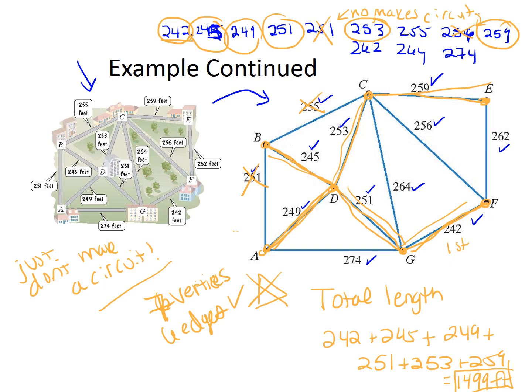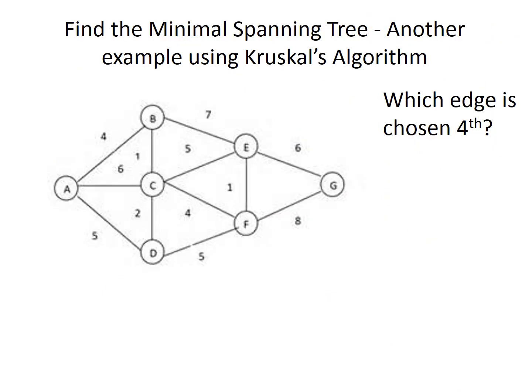All right, we will do one more example of Kruskal's. Find the minimal spanning tree. Which edge is chosen fourth? So again, you can put the edges in order, or you can just highlight it. Again, get your highlighter. So we'll choose that one first.